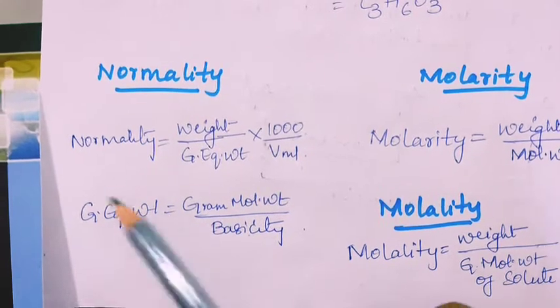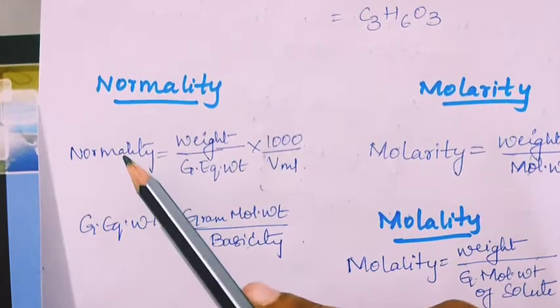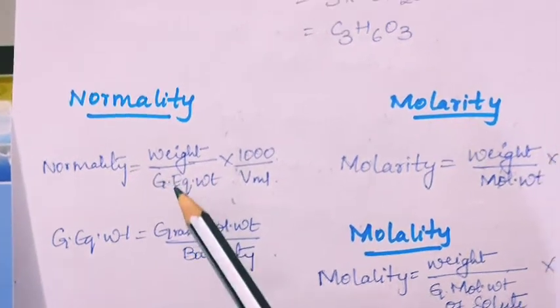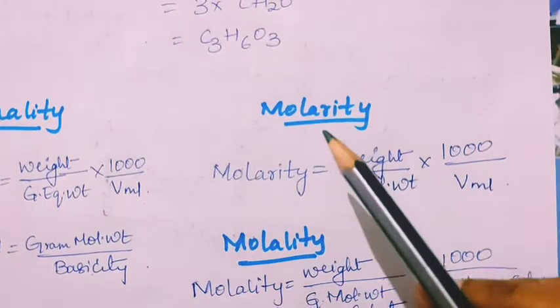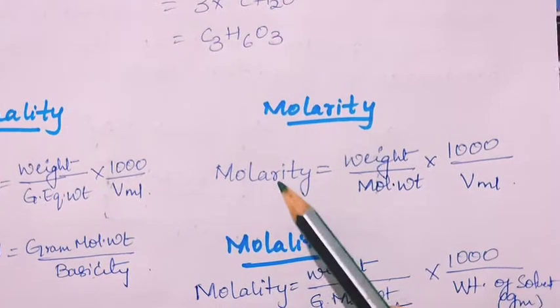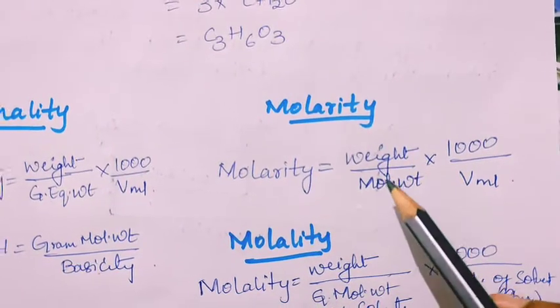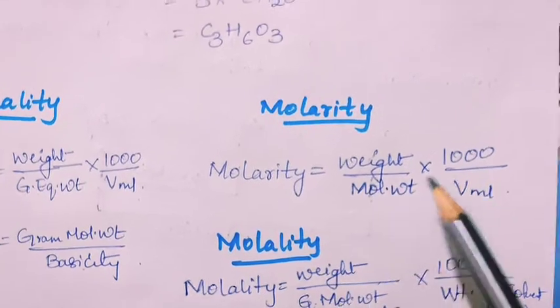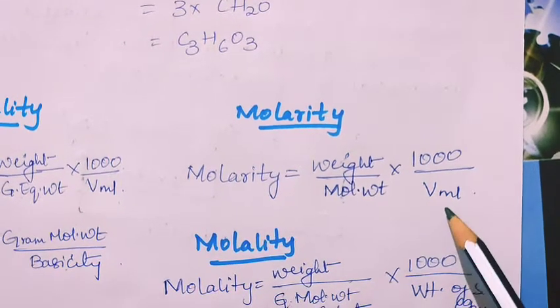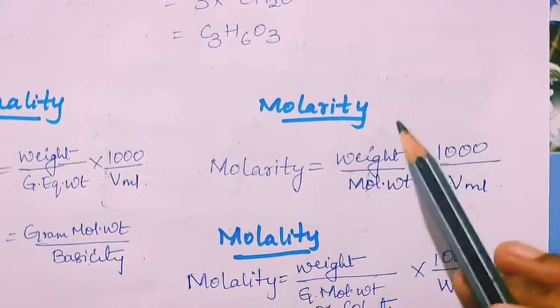First we have to get the gram equivalent weight, then we can find out the normality of the solution. Next we will see how to calculate molarity. Molarity is equal to weight of the solute by molecular weight of that solute into 1000 by volume in ml. So this gives the molarity.